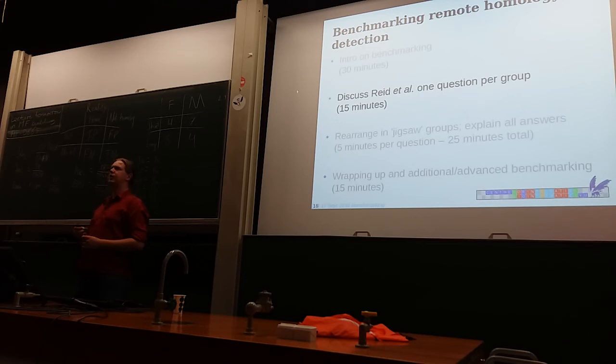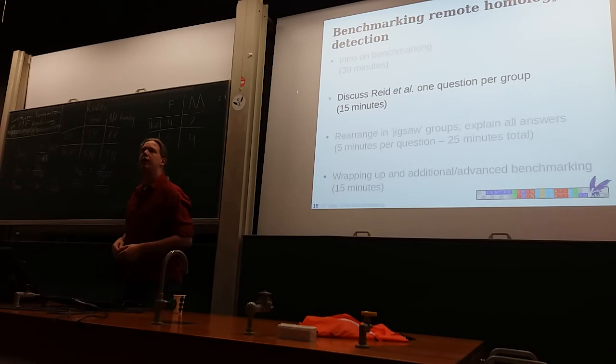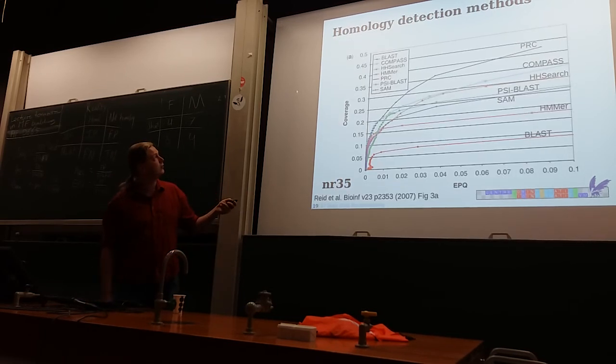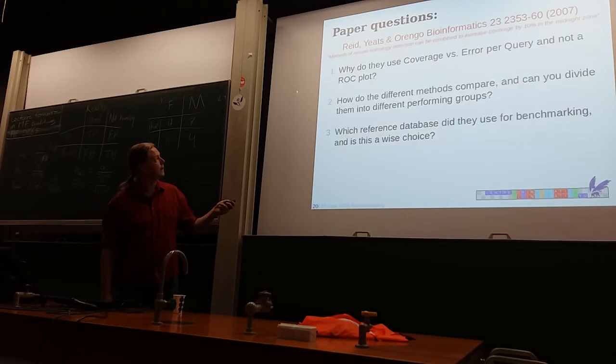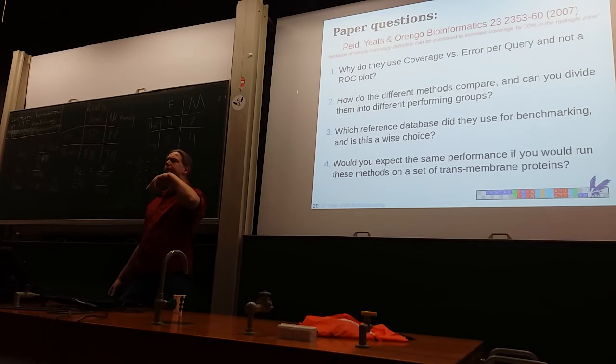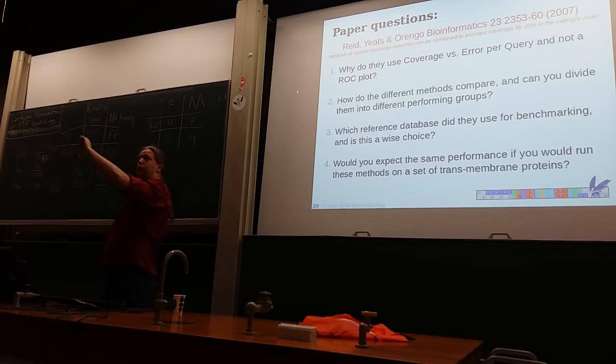Yes, most rows seem to have enough people to make a group out of, so we're going to do that. All right. I'm going to put the question on the board. Just a moment, everyone. First row, question 1. Second row, question 2. Third row, question 3. Fourth row, question 4. Fifth row, question 1 again. Please count the rows and figure out what question is yours.